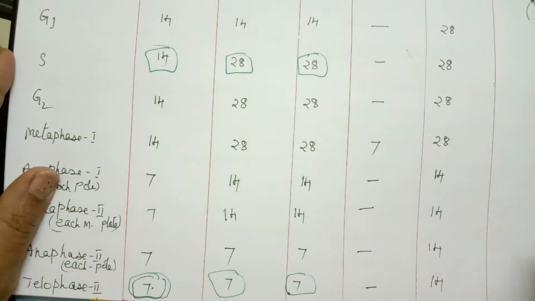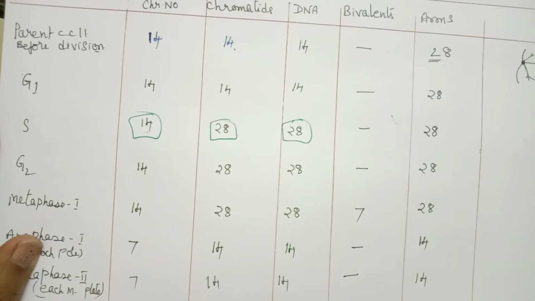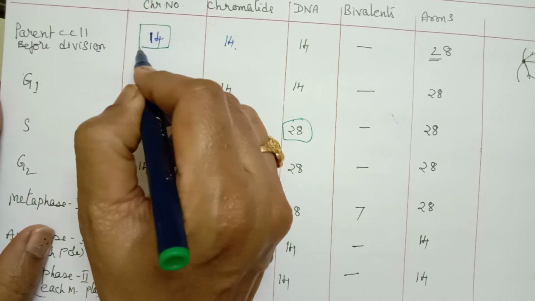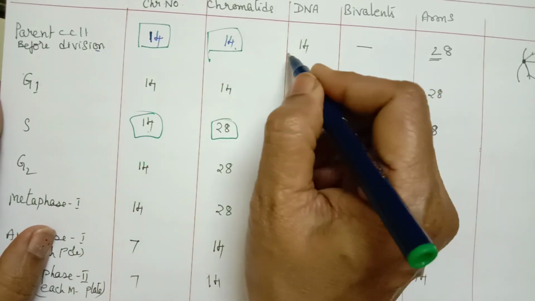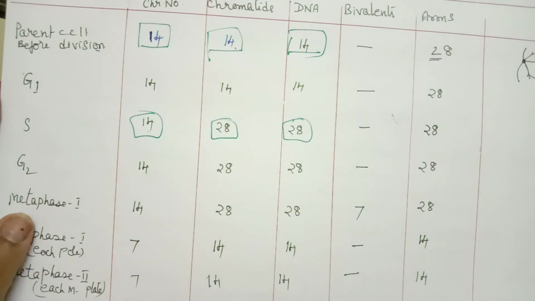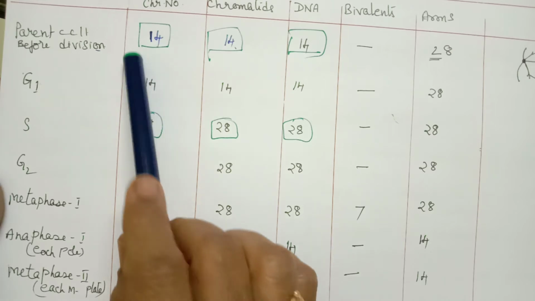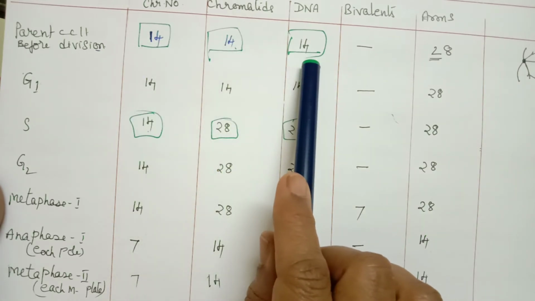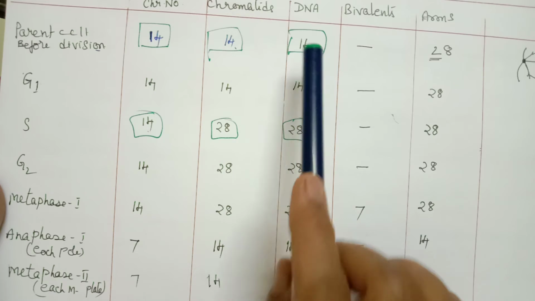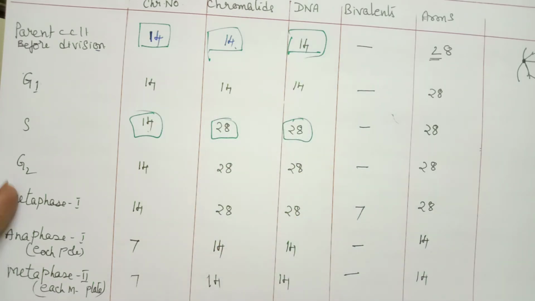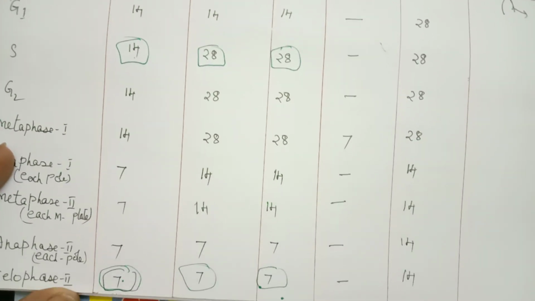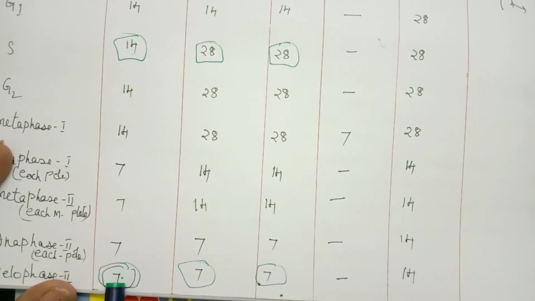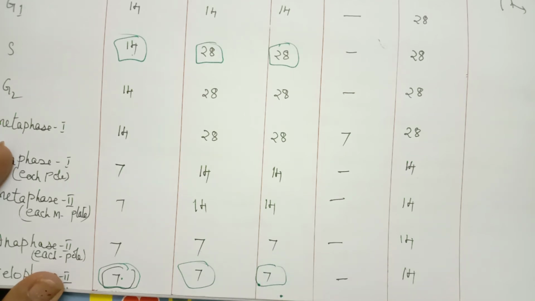But when we compare with the parent cell, which has 14 chromosomes, 14 chromatids, 14 DNA molecules, in any parent cell, whether it enters into division or not, it will have only one chromatid, therefore one DNA molecule. At the end of cell division, in the daughter cell, we find 7: half the chromosome number, half the chromatids, half the DNA. That means the DNA content must be reduced to half.